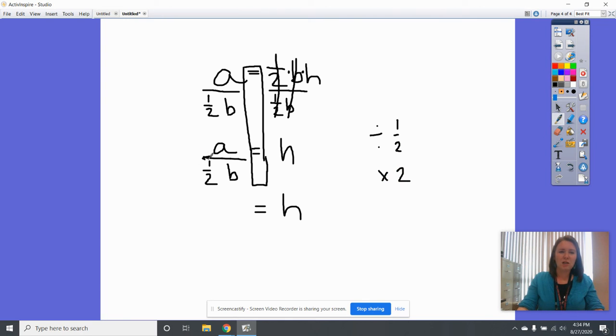So I'm going to change this divide by 1/2 because dividing by a fraction looks so weird. And I'm just going to say, hey, that's just 2. 2a divided by b. So there, that little part right there is pretty tricky, but our main goal was to get h by itself. So that is an introduction to solving literal equations.